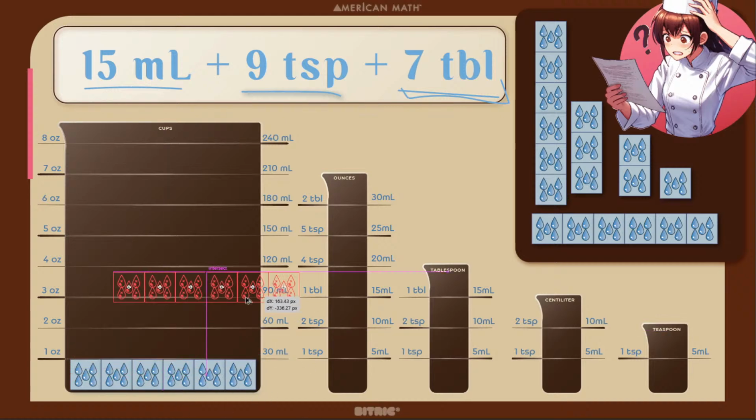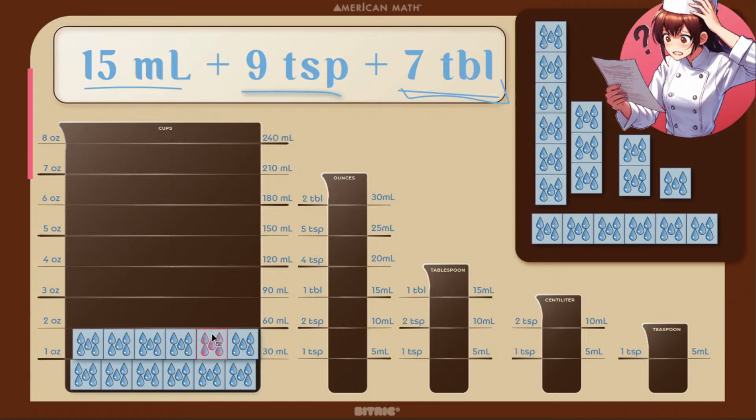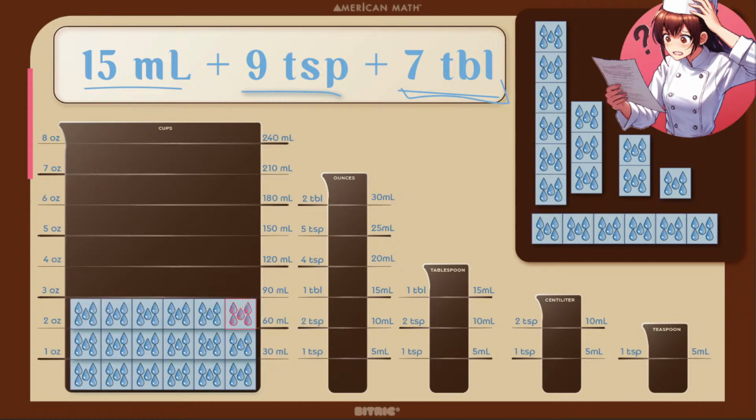So until we get as close. Go ahead and count up from 2, 4, 6. And if we were to go up one more, that would be 8. So that overshoots 7. So then we can add our last tablespoon.